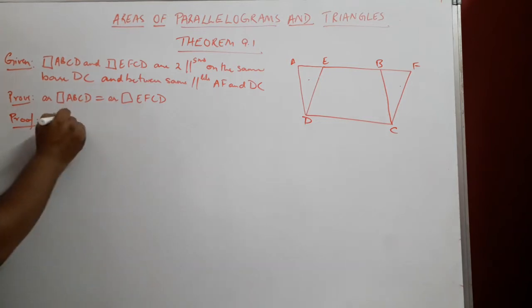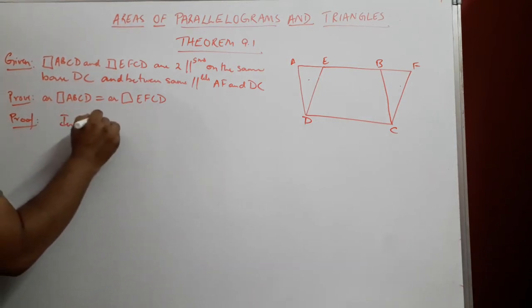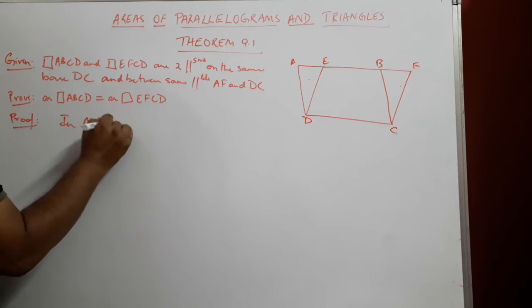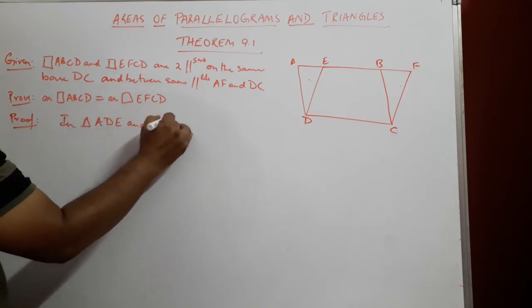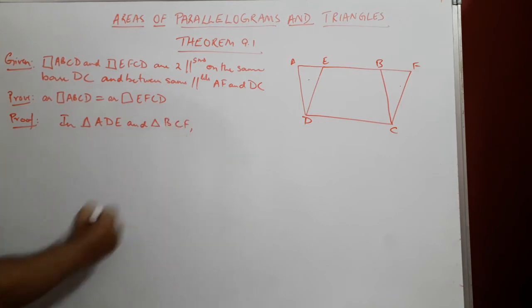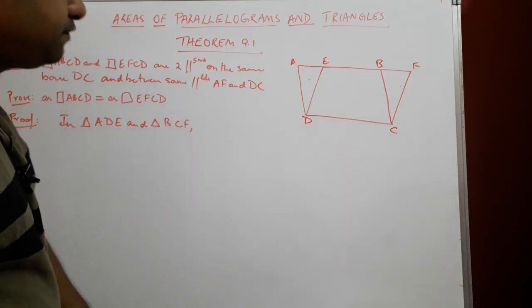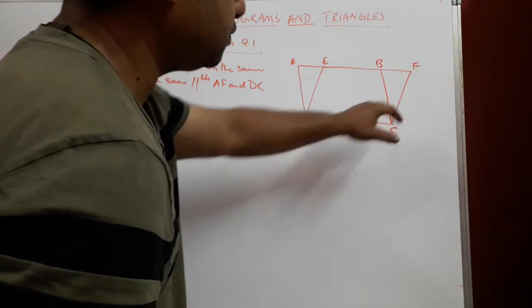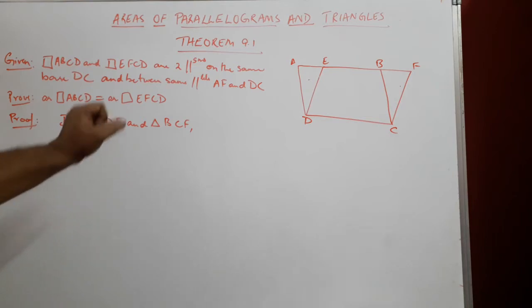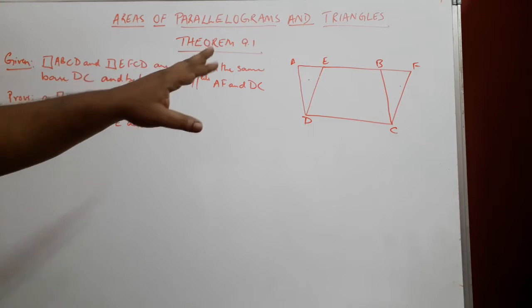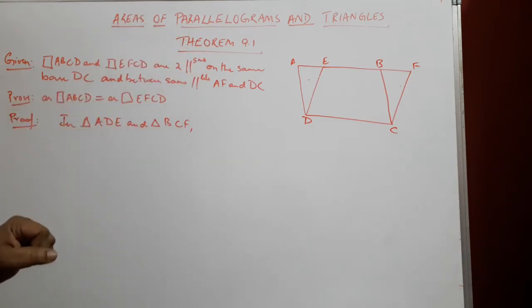So let's say in triangle ADE and triangle BCF, if we have to prove these two triangles are congruent to each other, we have to look at their properties that will help us find out whether they are congruent or not. For that, we'll have to show their sides or their angles equal to each other.